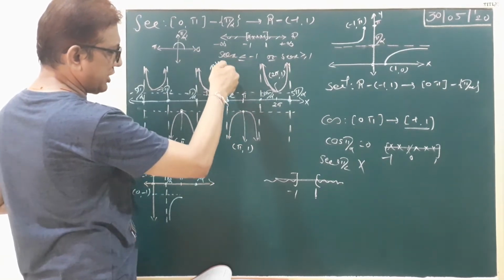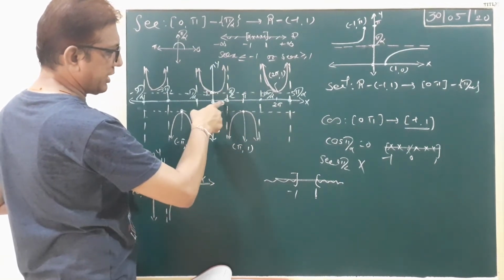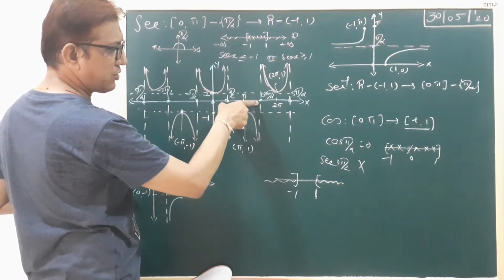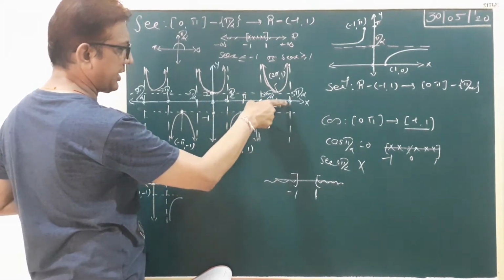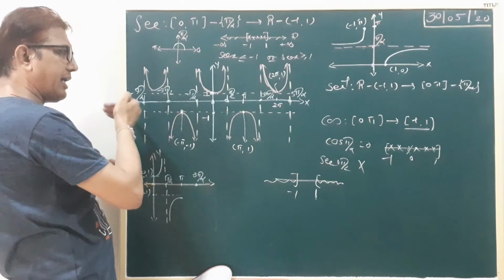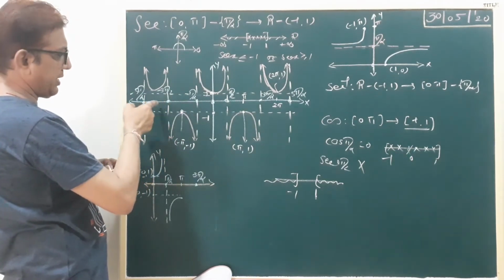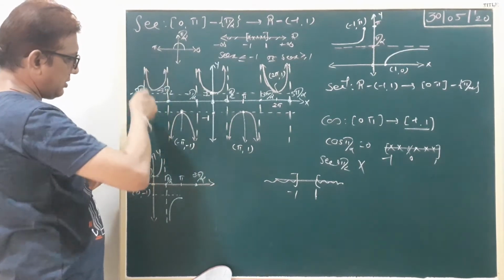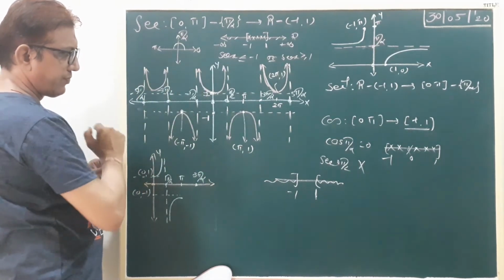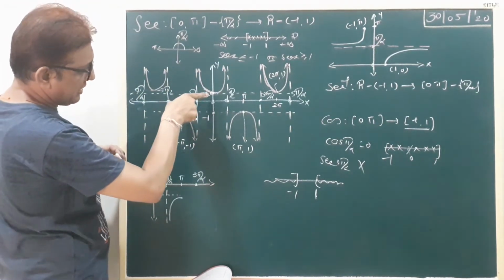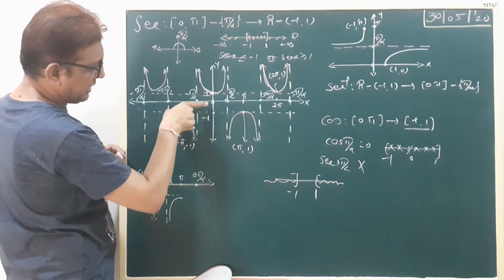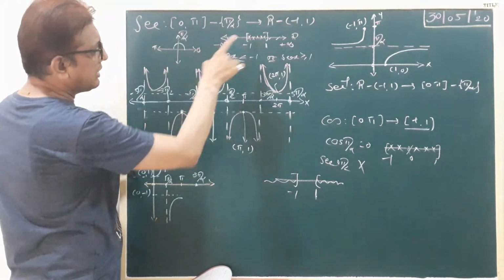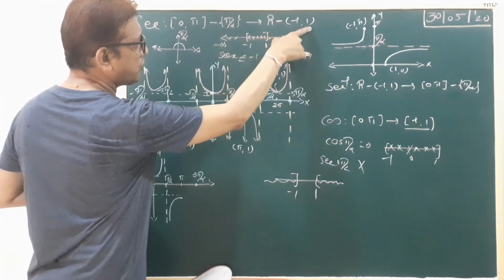Here we draw dotted lines because sec pi by 2 is infinite, sec 3 pi by 2 is infinite, sec 5 pi by 2 is infinite. Exactly the same on the left side: minus pi by 2, minus 3 pi by 2, minus 5 pi by 2. We draw perpendicular lines, parallel to the y-axis. Clear? And here the maximum is 1 and here the minimum is -1. Here we cancel between -1 and 1.